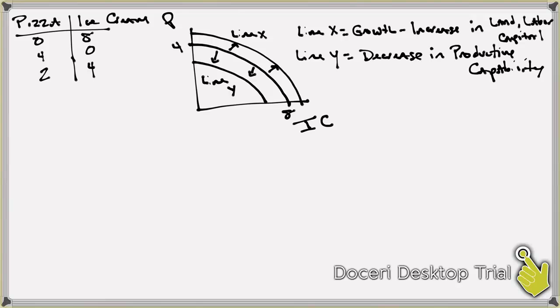Okay? Now, one thing we didn't get to on Thursday is that we can also use our production possibility curve to show costs. Okay?